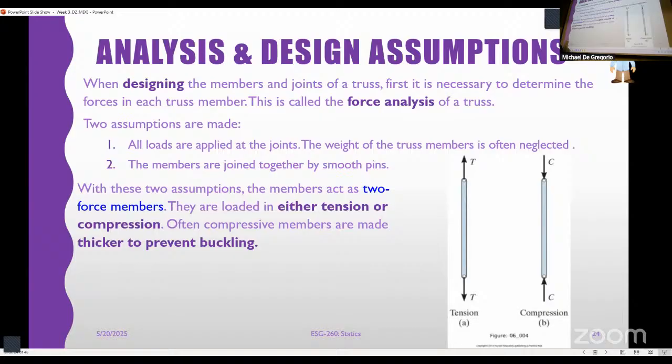All right. So they're either in tension or compression. Often compressive members are made thicker to prevent buckling, right? But that's something we're not going to talk about in this class. Notice that if I am pulling in tension, that means that the pins are going to be a reaction force to that tension.